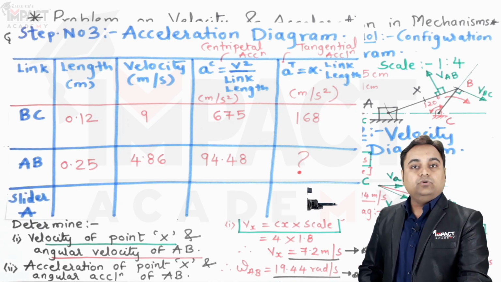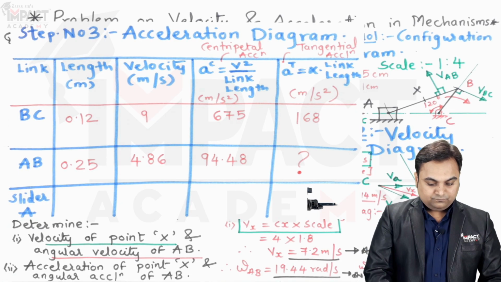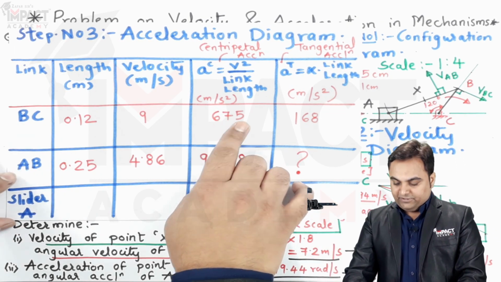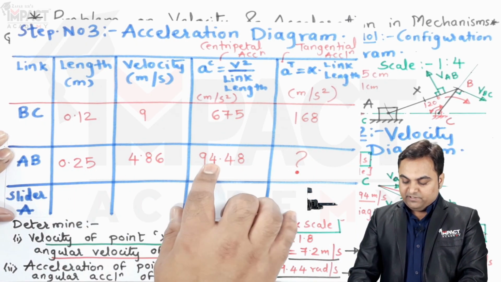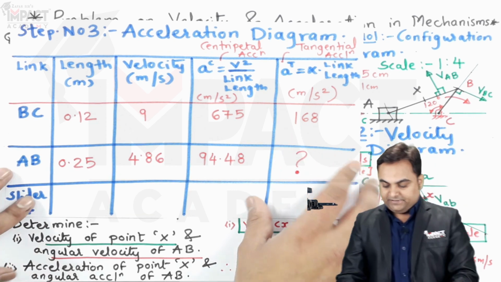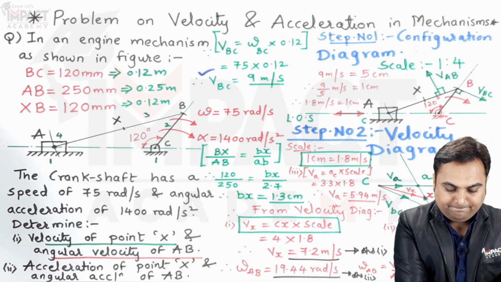For that also, I am going to explain first how to select the scale. Here we have centripetal acceleration as 675 for BC, for AB it is 94.48, and the tangential acceleration is 168.